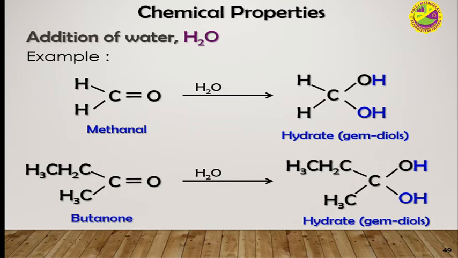The carbon double bond O is lost and now the carbon is attached to two OH groups. So, to conclude this, if we have carbonyl compounds react with water, the product will be gem diols, which means the carbon is attached to two OH groups.